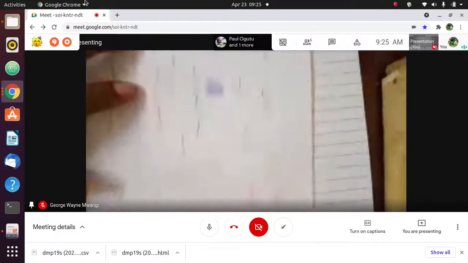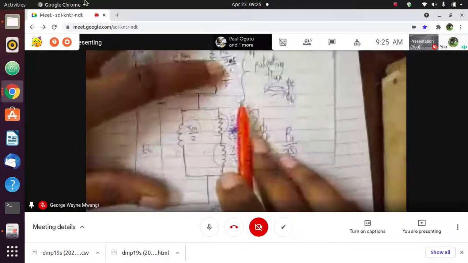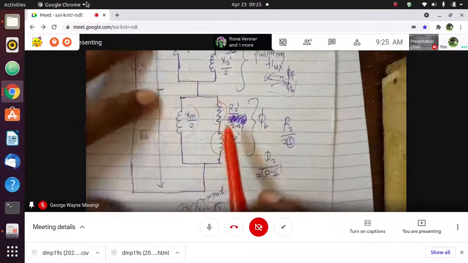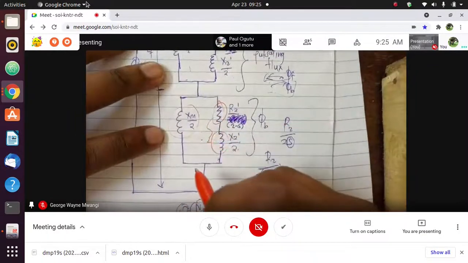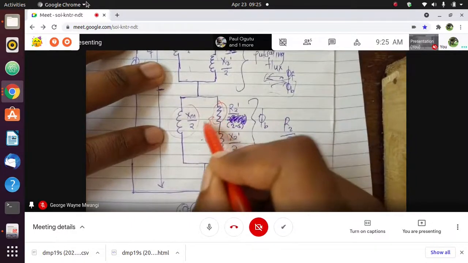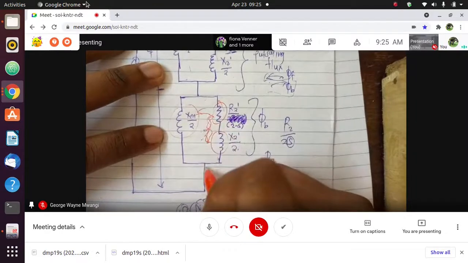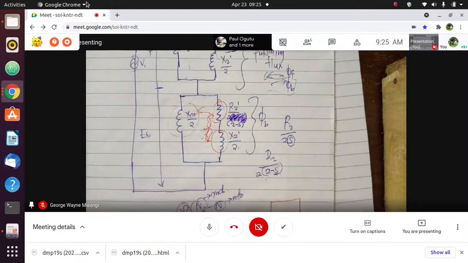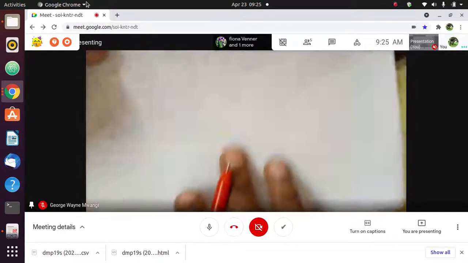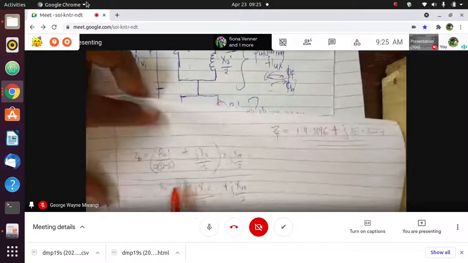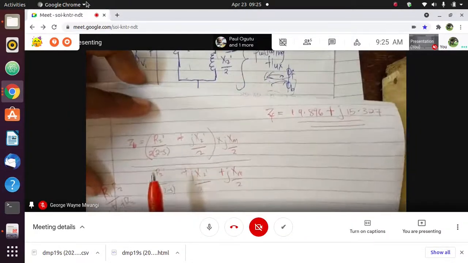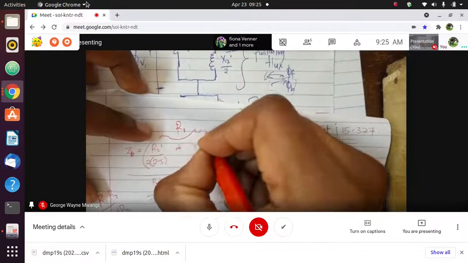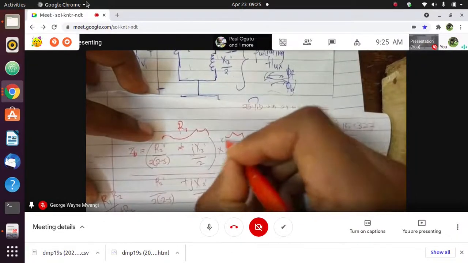Now, I don't know if my diagram is clear. When you look at our diagram, these two are in series, but these two are in parallel with this one, the magnetizing reactance. So looking at our formula, for example this backward one, the total impedance due to the backward field: I take this as R1, and this as R2.